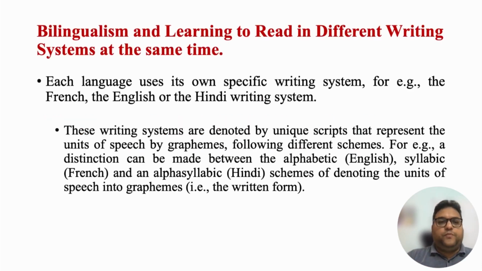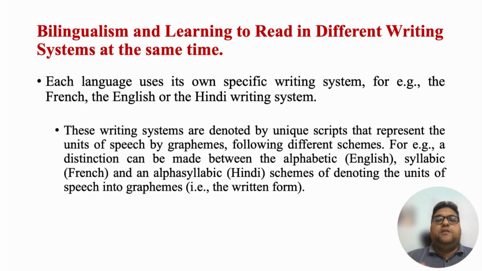So let's move on. Each language, as you would know, has its own very specific writing system, for example the French writing system, the English writing system, or the Hindi writing system. These writing systems are denoted by unique scripts that represent units of speech by graphemes.